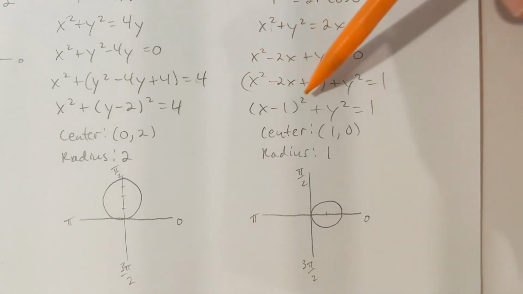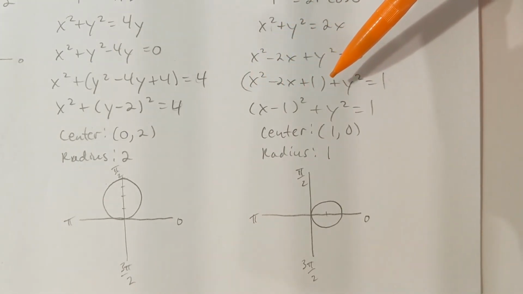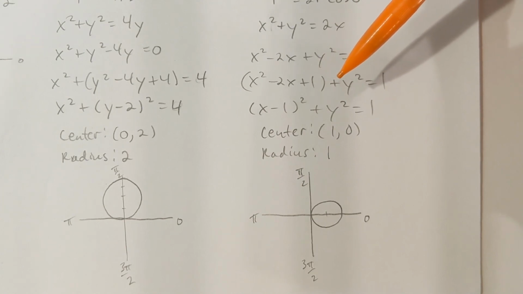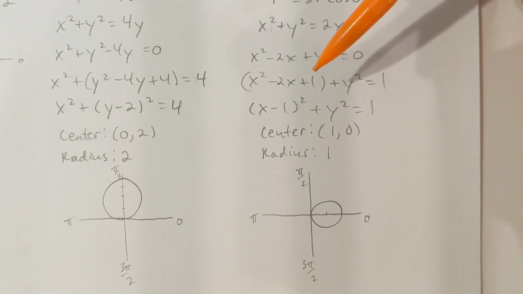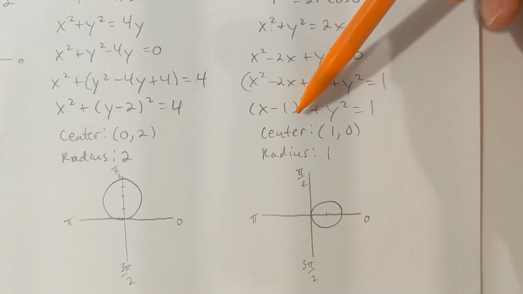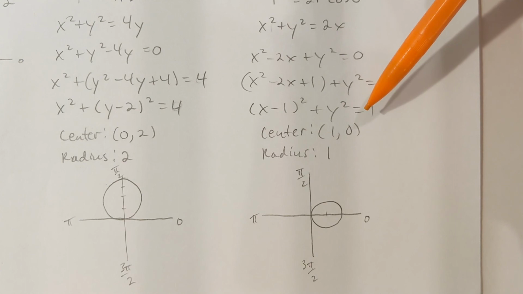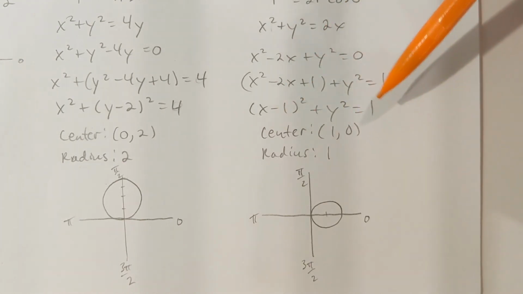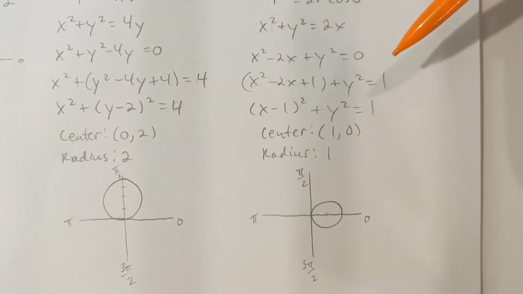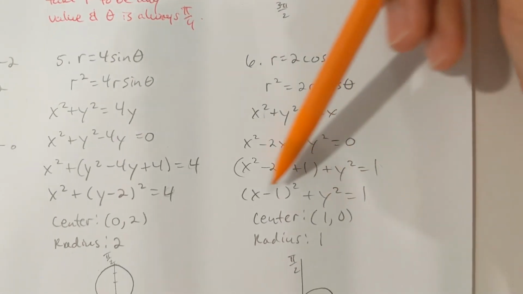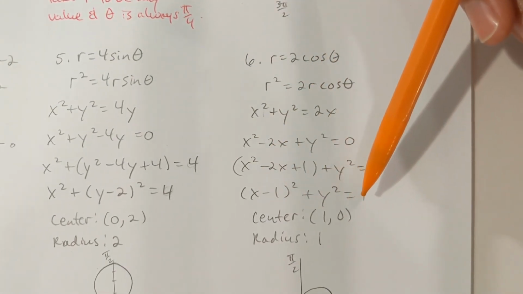That will allow me to factor the expression that is inside the parentheses. x squared minus 2x plus 1 is going to factor nicely as x minus 1 times x minus 1, or x minus 1 squared. And so I'm looking at x minus 1 squared plus y squared equals 1, and at this point I'm now done manipulating the equation. I want to recognize that this is a circle.